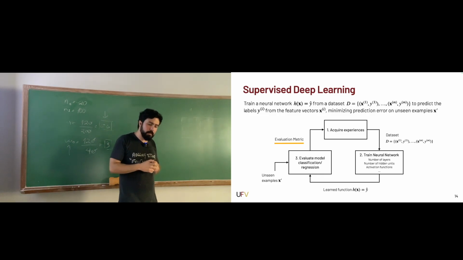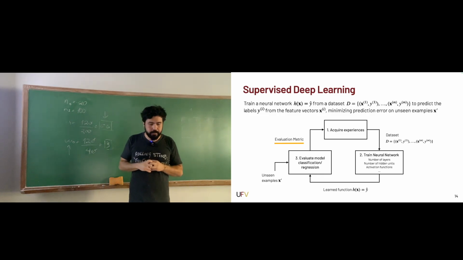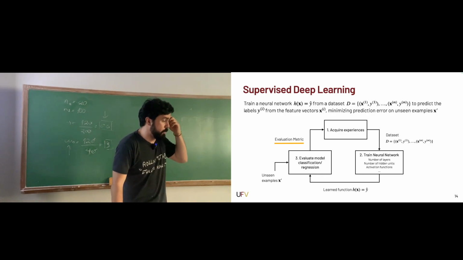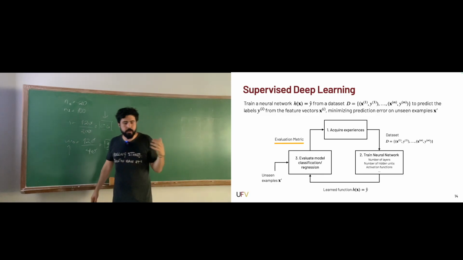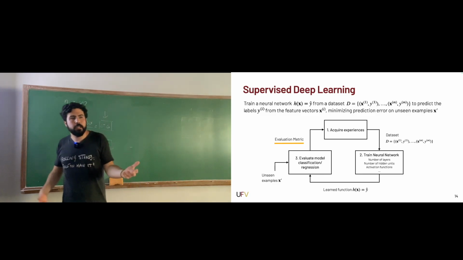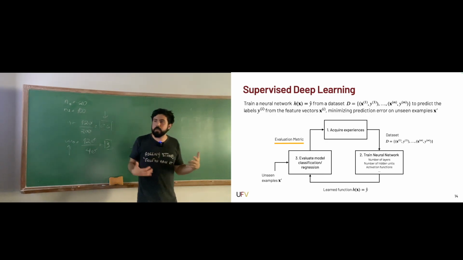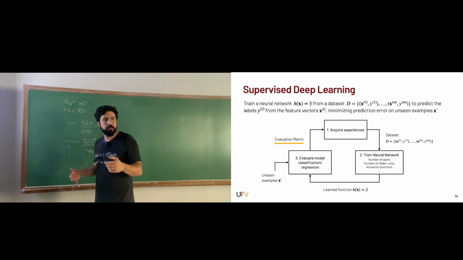But now I want to talk about evaluation metrics. So far we've been talking about loss functions, which we use to train the models, and they are a measure of error. So the lower the loss, the better.